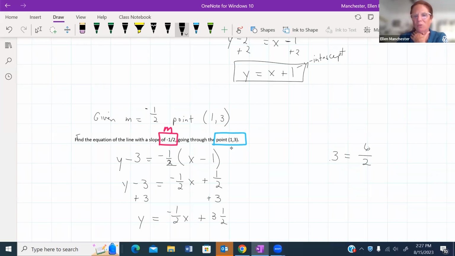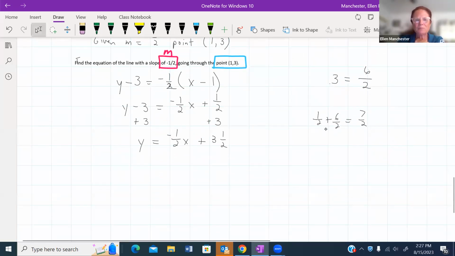So you can do it this way. You can go 1/2 plus 6/2 gives you 7/2. Remember changing an improper to a mixed number to an improper. 3 times 2 is 6 plus 1. There's your 7/2. So you can write it y equals negative 1/2 x plus 7/2.